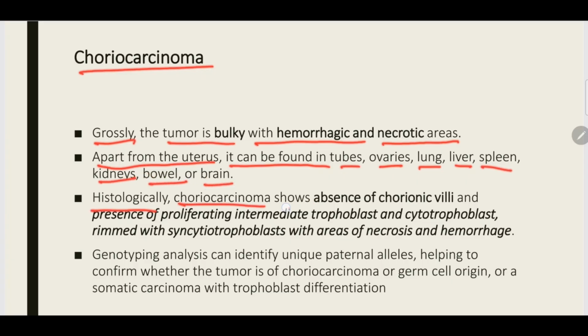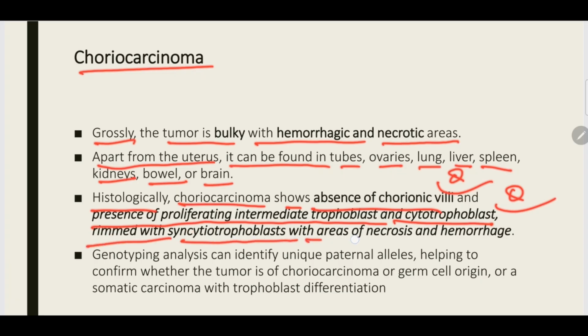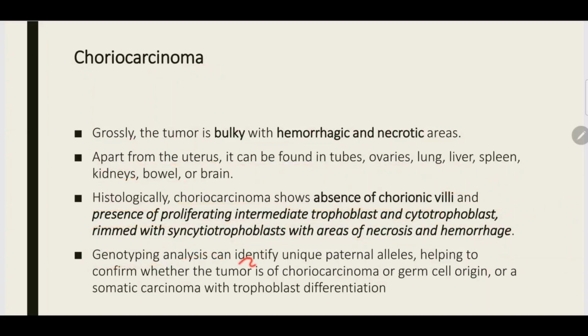Histologically, choriocarcinoma shows absence of chorionic villi and presence of proliferating intermediate trophoblast and cytotrophoblast, rimmed with syncytiotrophoblasts, with areas of necrosis and hemorrhage. Genotyping analysis can identify unique paternal alleles, helping to confirm whether the tumor is of choriocarcinoma or germ cell origin, or a somatic carcinoma with trophoblastic differentiation. So genotyping analysis is to be done.